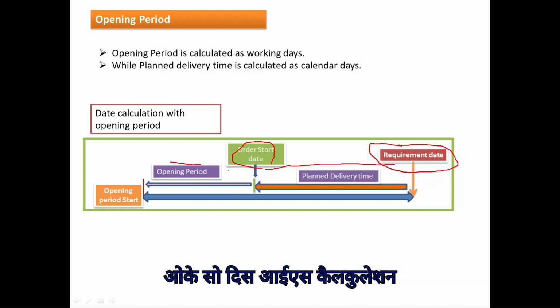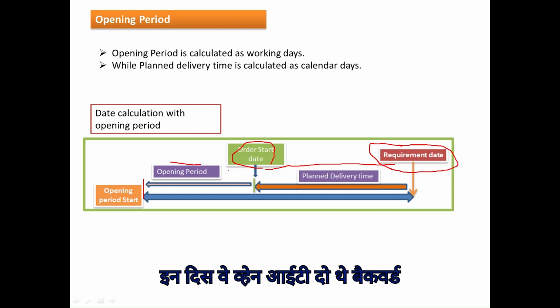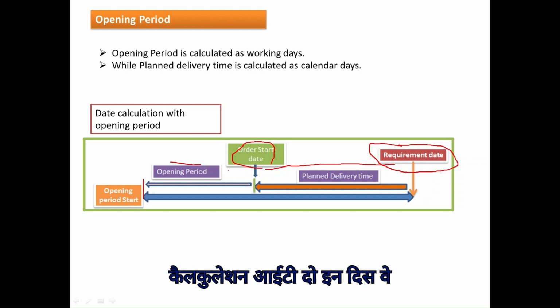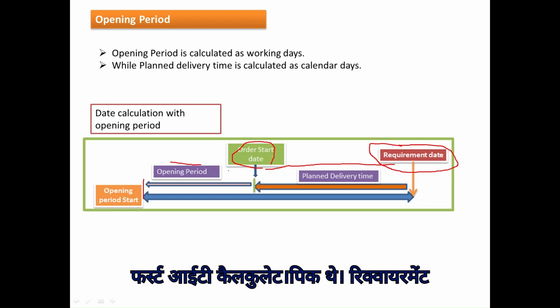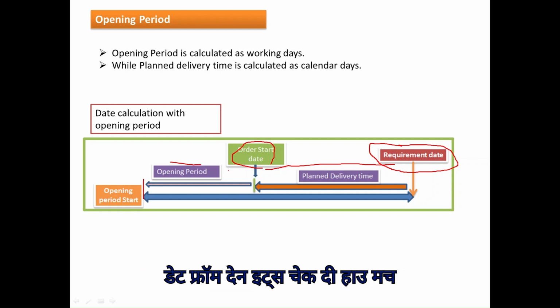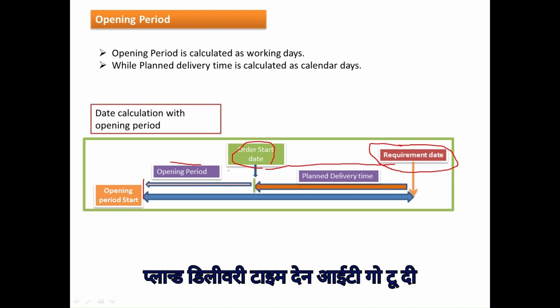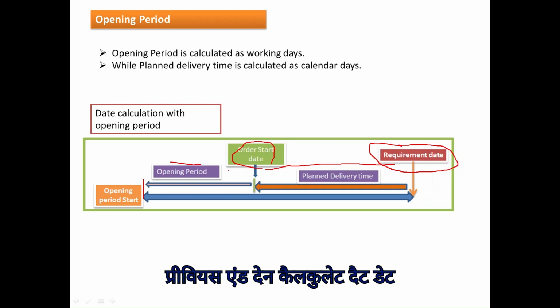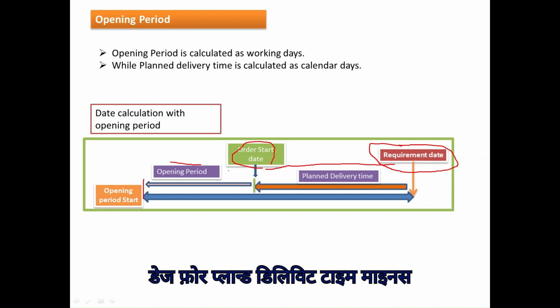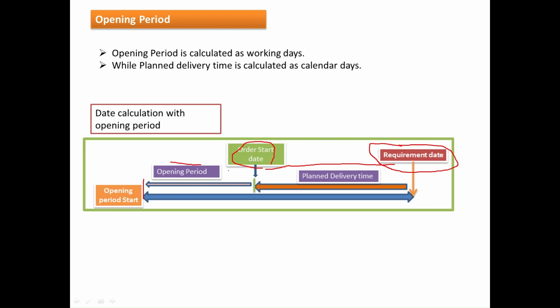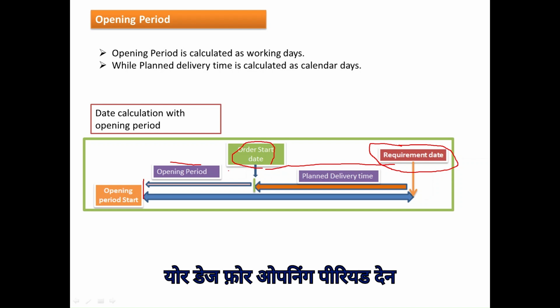Okay, so this is how the calculation happens in the system; MRP calculates in this way. When it does the backward calculation, first it picks the requirement date, then it checks the planned delivery time and goes to the previous date: requirement date minus planned delivery time days, minus the opening period days, then it gives the opening period start date.